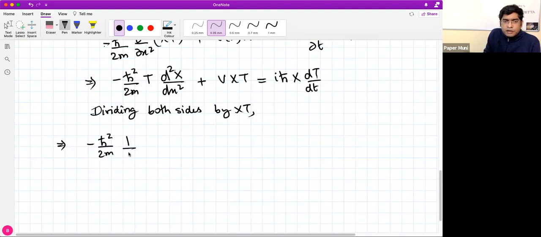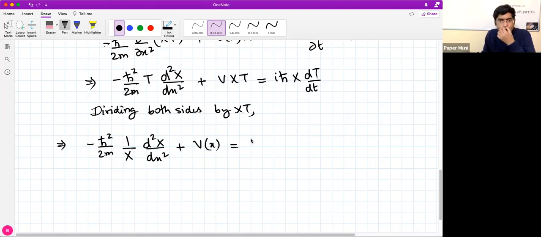This is 1 by X, second double derivative with respect to x, square. This is V x, which is a function of x. Now in this case, what I'm doing is dividing, so this will also be 1 by T, d T by dt.